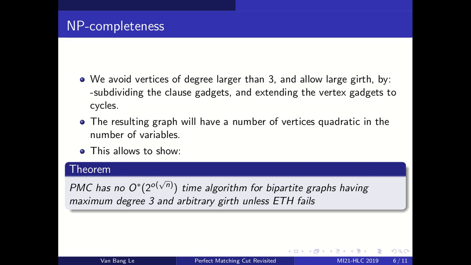The resulting graph will also have a number of vertices which is quadratic in the number of variables, and this allows us to show that for such bipartite graphs with maximum degree 3 and arbitrary girth, the perfect matching cut problem cannot have an algorithm of runtime 2 to the little o of the square root of the number of vertices, unless the ETH fails.